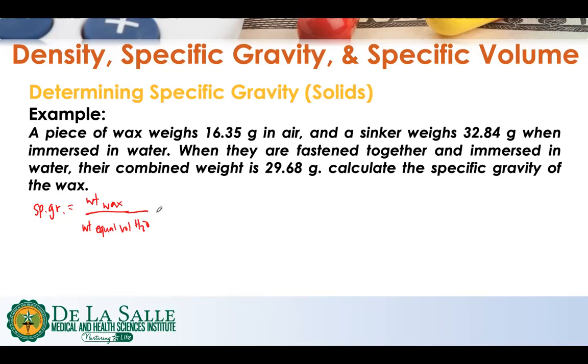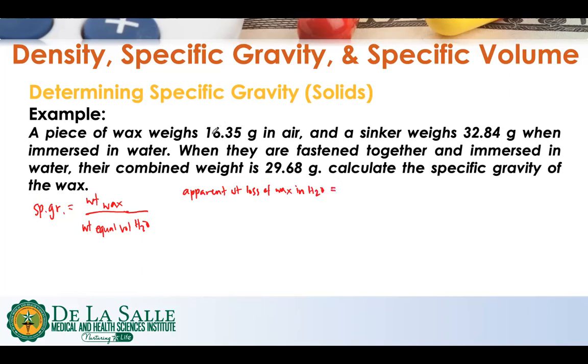But of course, that is not possible for us to directly determine because the wax floats in water. So, how do we now determine the apparent weight loss of wax in water?